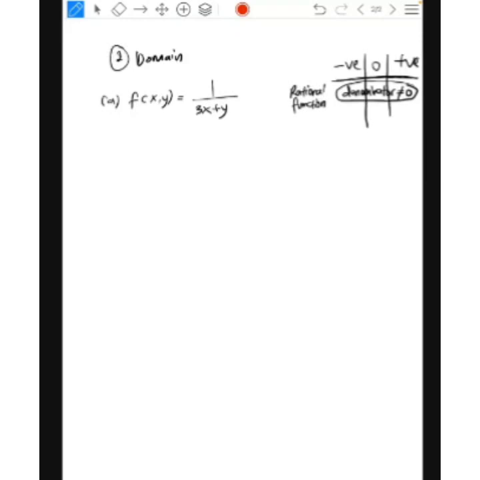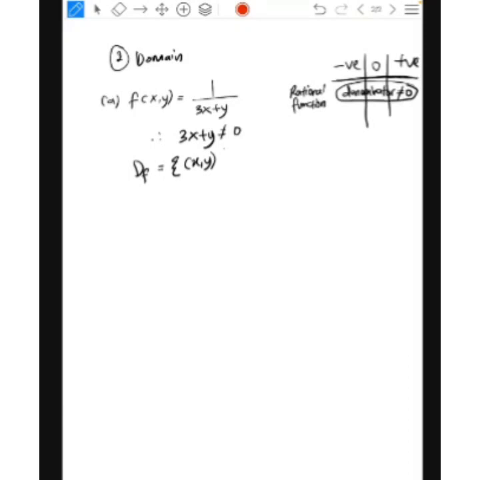Because when you have anything over 0, your function is undefined. So it means 3x plus y here cannot be equal to 0. That is your domain. You can write it just like that, or write it properly: it will be (x, y), because you have two variables, x and y.